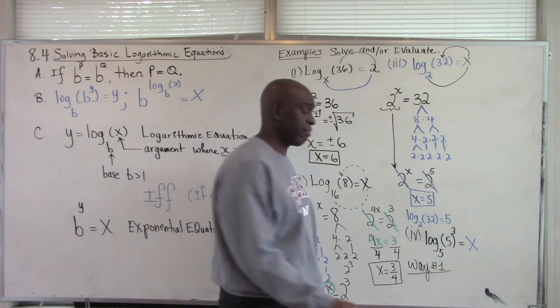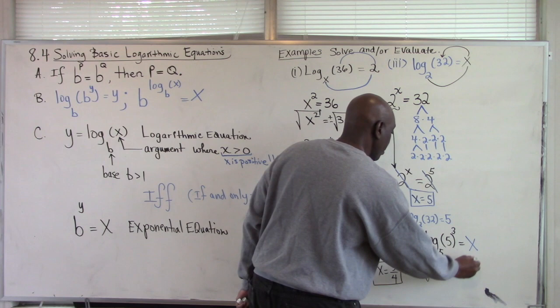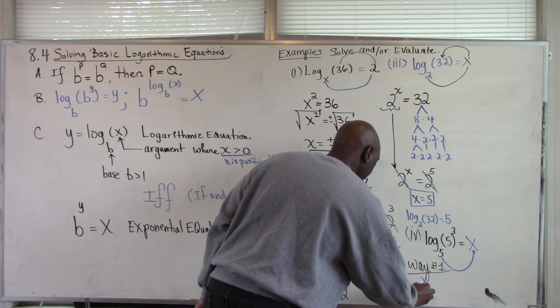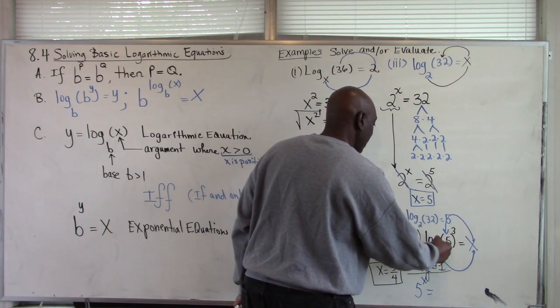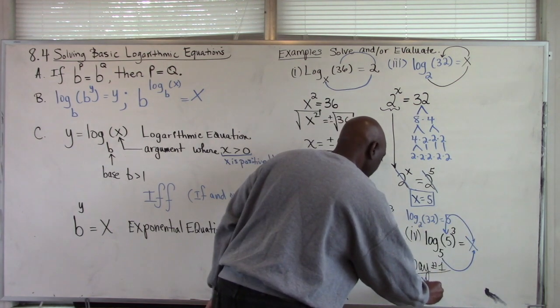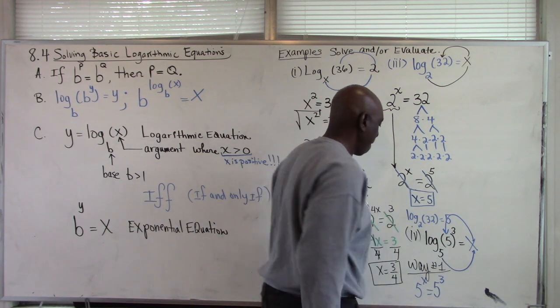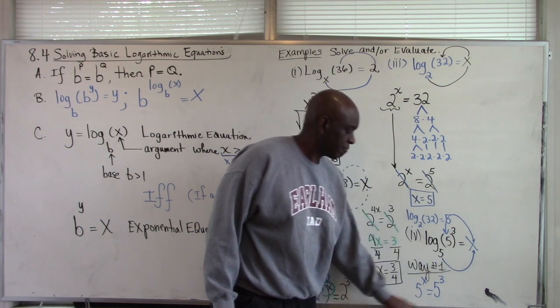So what will we have? 5 to the power of x equals 5 cubed.